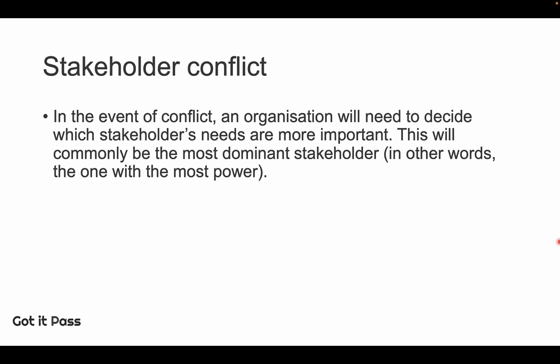In other words, the manager has to manage stakeholder needs first, and then decide how to meet different stakeholders' demands or needs in their plan or in their business. And they have to look at the most dominant stakeholders, that is, the ones with the most power in an organization.